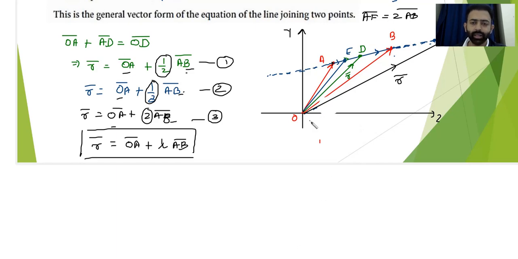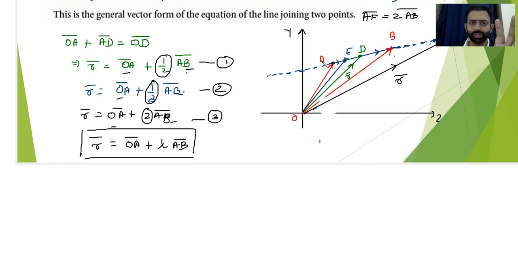Again, I am repeating that first I reach point A, and after reaching it I could follow any direction, but I have to follow the one direction which is along AB to get a point lying along this line AB.